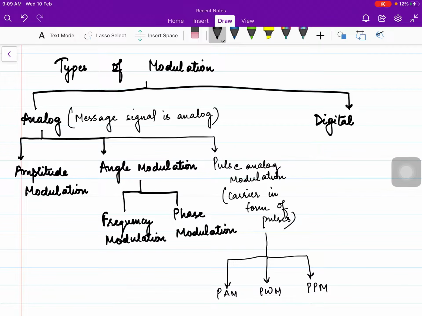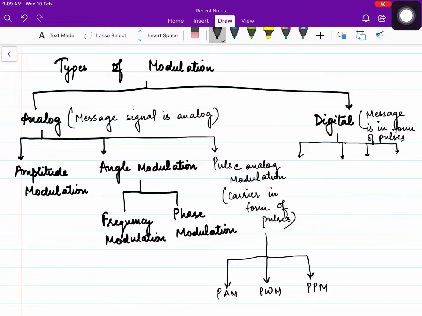In the case of pulse analog modulation, your message signal will surely be analog in nature, but here the carrier will be in digital form, or you can say in the form of pulses. In the case of digital modulation, the message signal will be in the form of pulses.